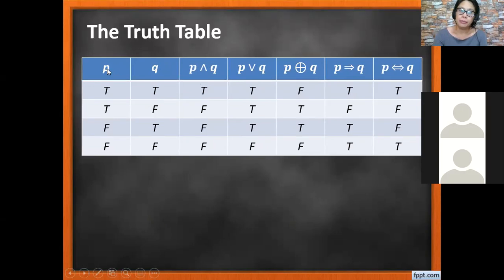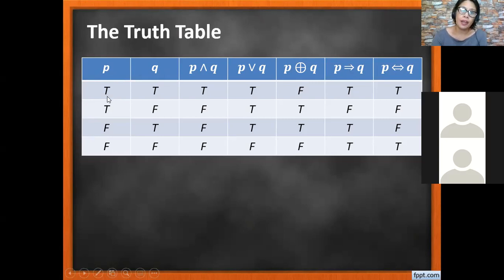Okay. For instance, we have statement P and statement Q. We have two statements because our goal here is to combine the two propositions using a connective. The truth value of each is either true or false. We just write T for true and F for false.